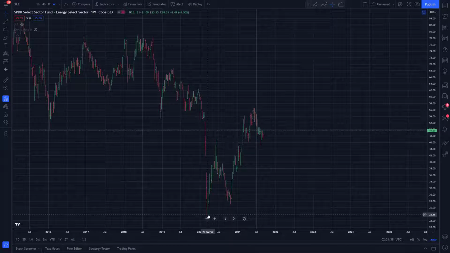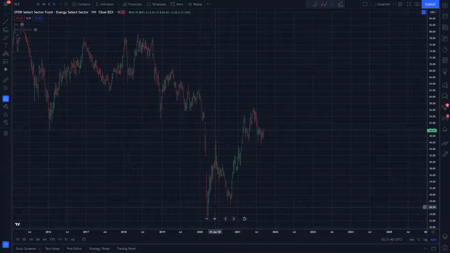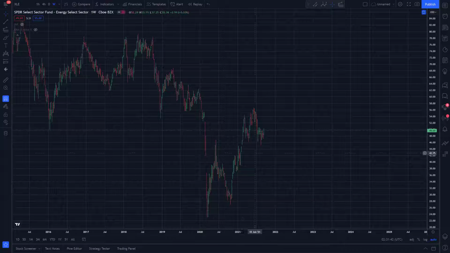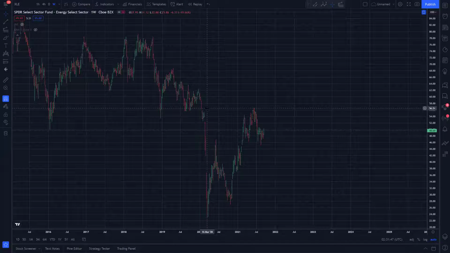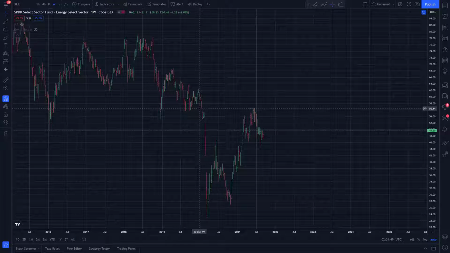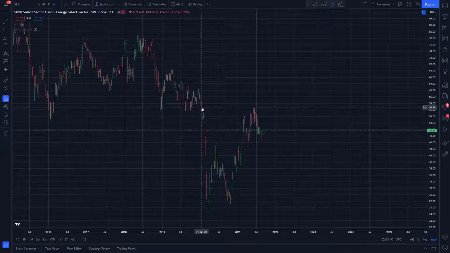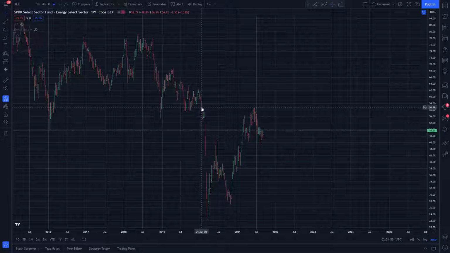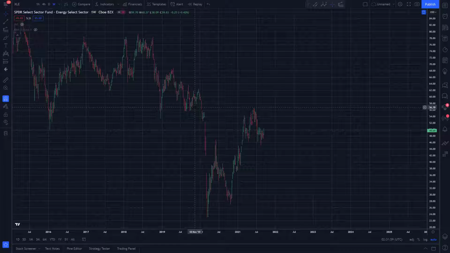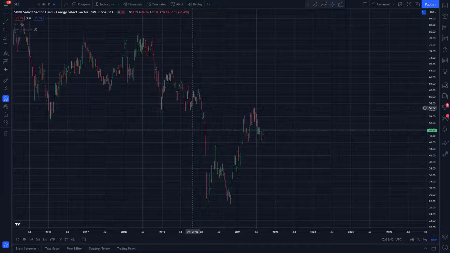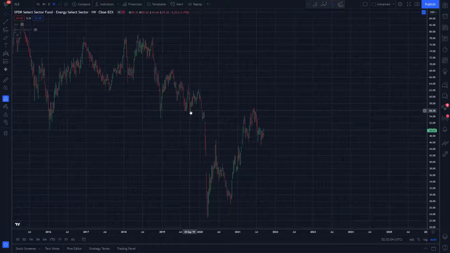So since what we'll call the COVID low, the March 2020 low, we've definitely had a sizable recovery on XLE, but we really only got back to pretty much where we fell apart before the quote unquote pandemic started. Okay, this was late January of 2020, and then you can see we filled this gap on the weekly chart, and that's basically all we did, and then we just backed right off from there.